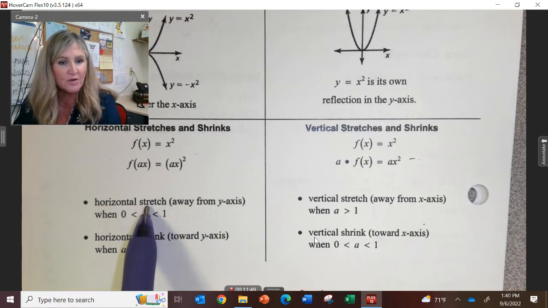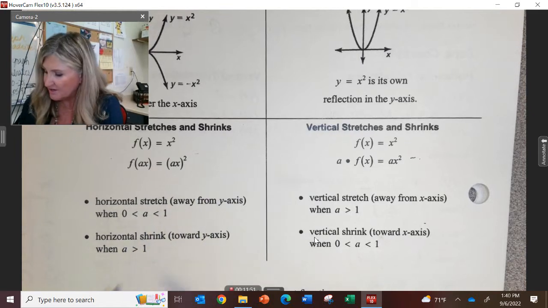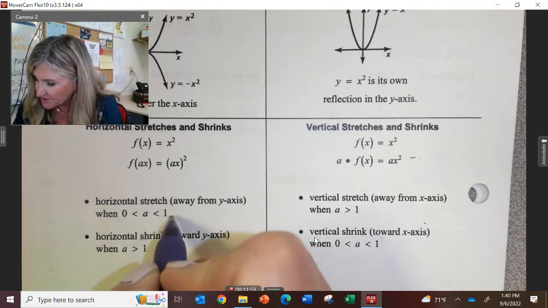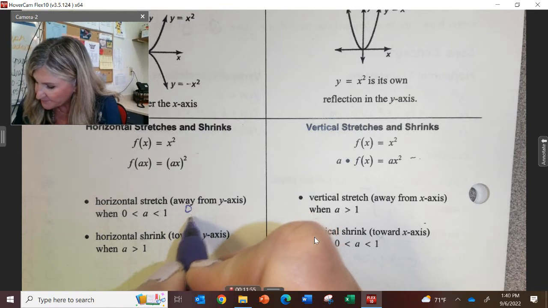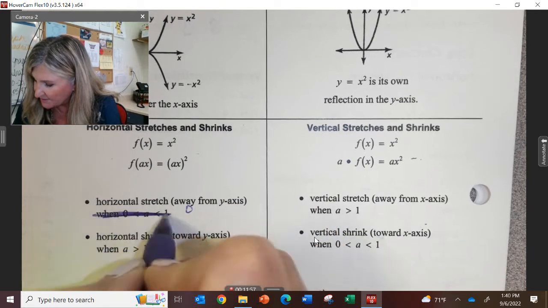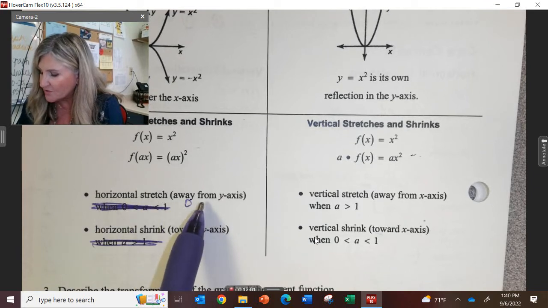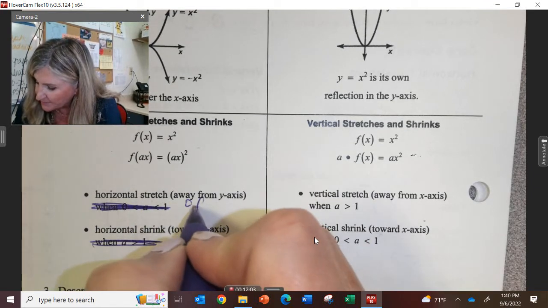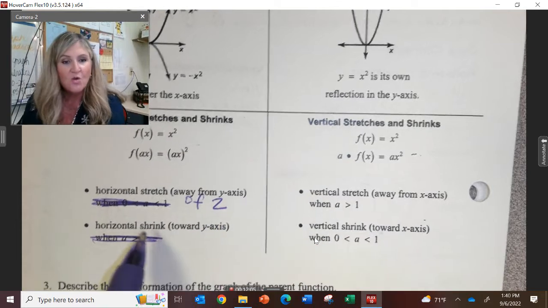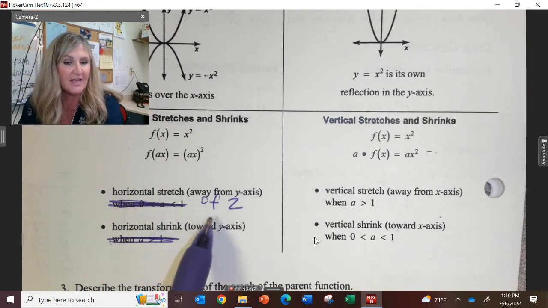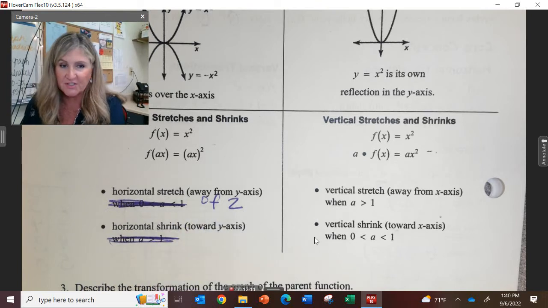All right, horizontal stretches and shrinks. If I want a horizontal stretch of, say, 2, what would I replace x with to have a horizontal stretch of 2? 1/2, right.